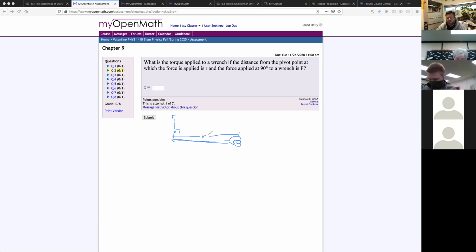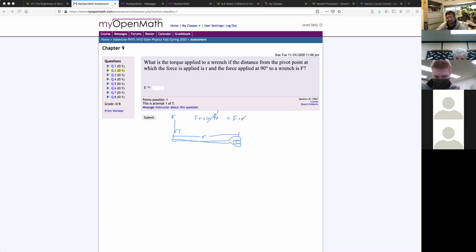They've given you R for the distance. So you just want to say that it's F times R times the sine of 90. The sine of 90 has a value, so you want to go ahead and simplify that to 1. So this just ends up being F times R.